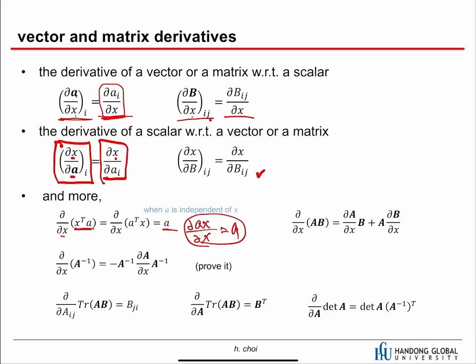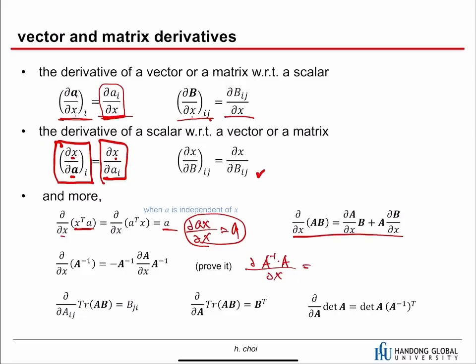Okay, and the derivative of A inverse is simply like this. And the proof is not that complicated here. Proof. Okay, A inverse times A. Then we want to take a derivative of this one with respect to x.